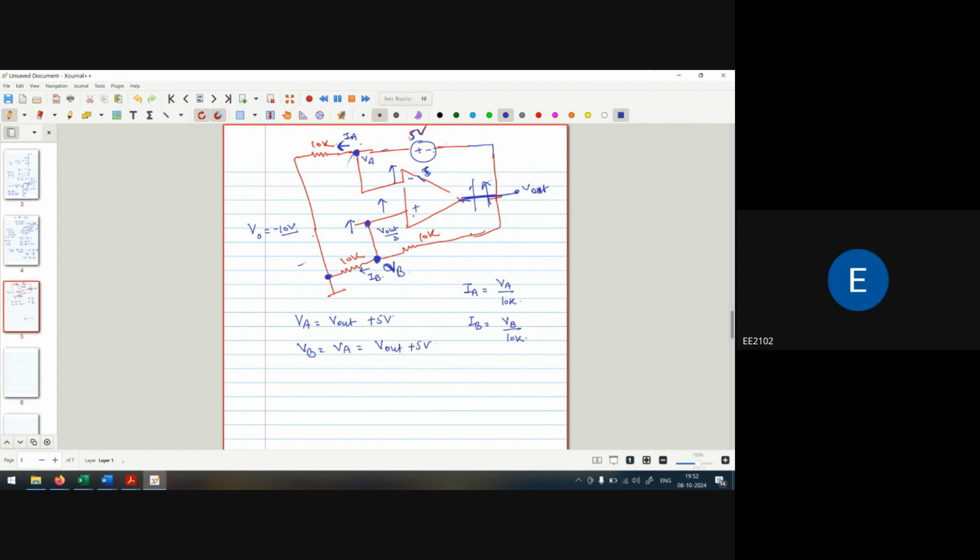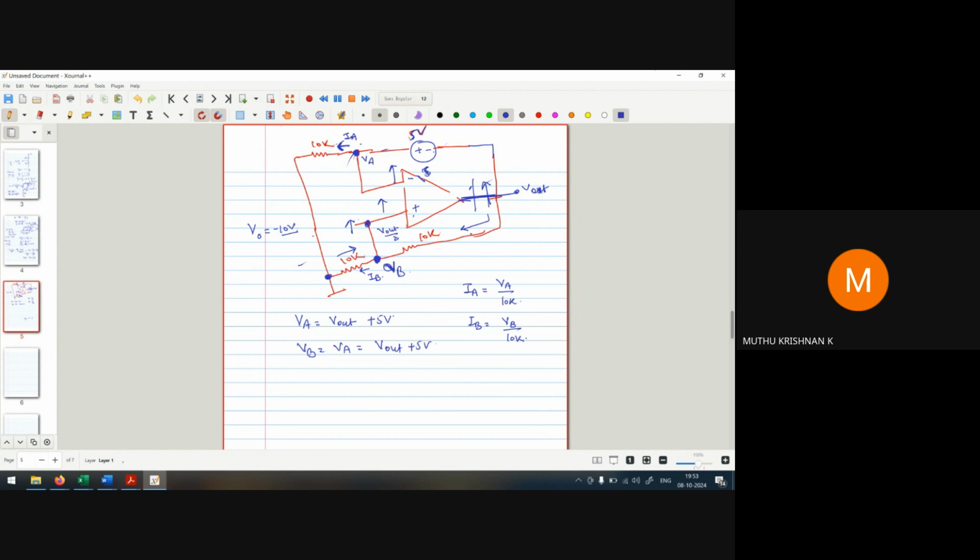So what is the value? The current is coming from this side. And second, I assume the current is coming from this side. So minus VB by 10 plus.